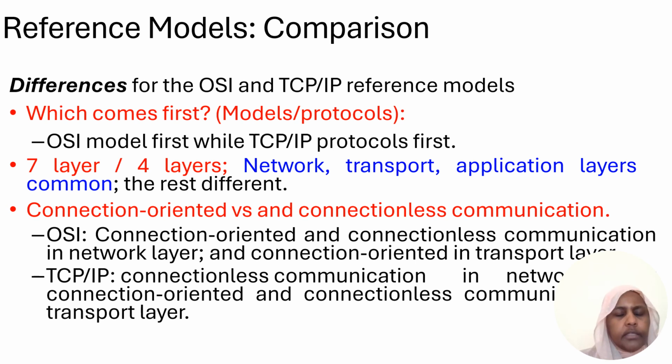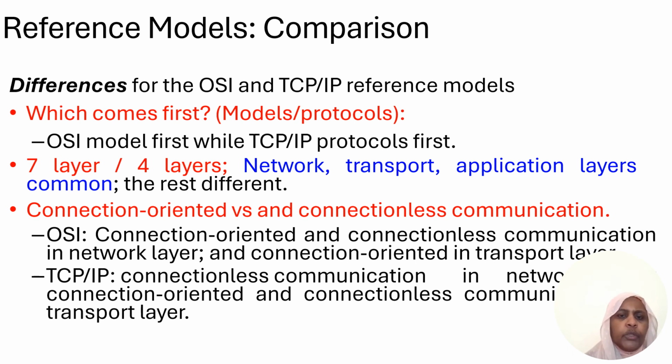Obviously, the OSI reference model has 7 layers and TCP/IP has 4 layers. Network, transport, and application layers are common, while the rest is different. The connection-oriented and connectionless services are provided by different layers in the two models.